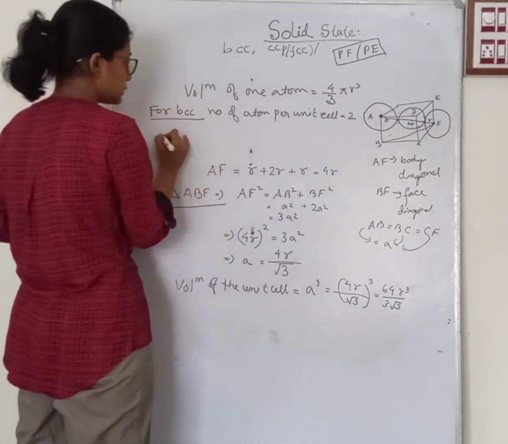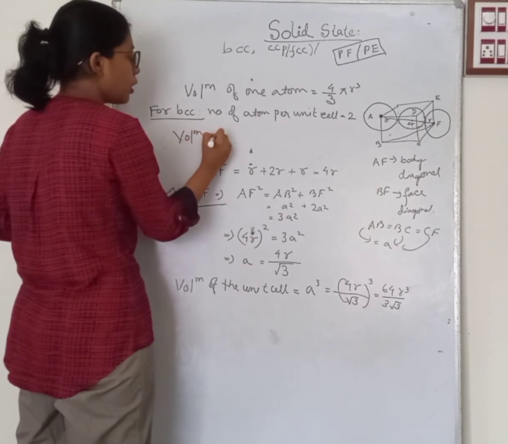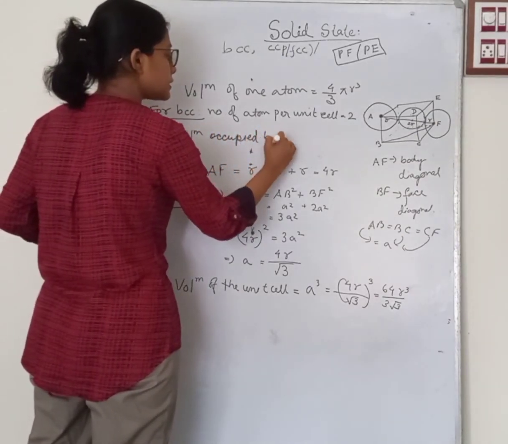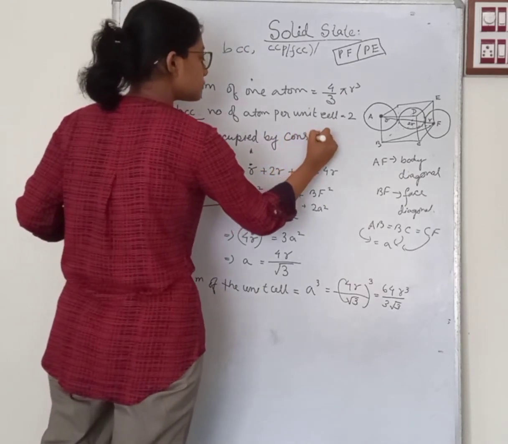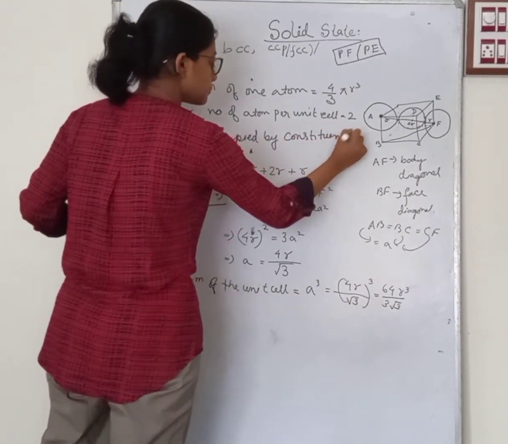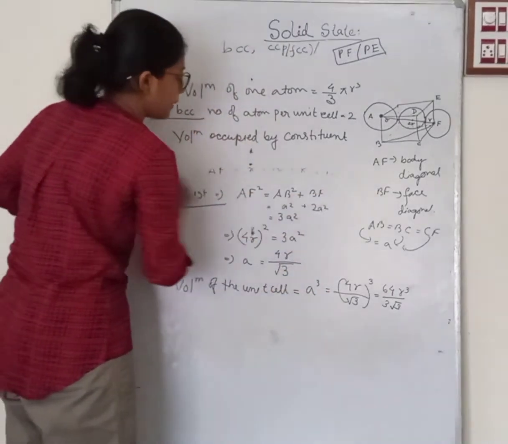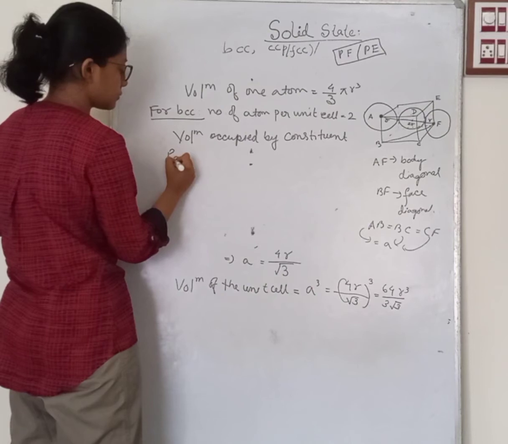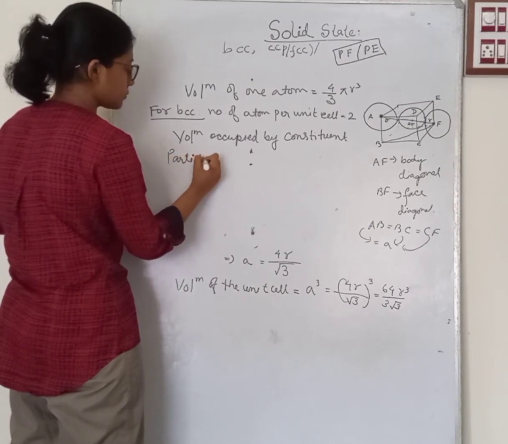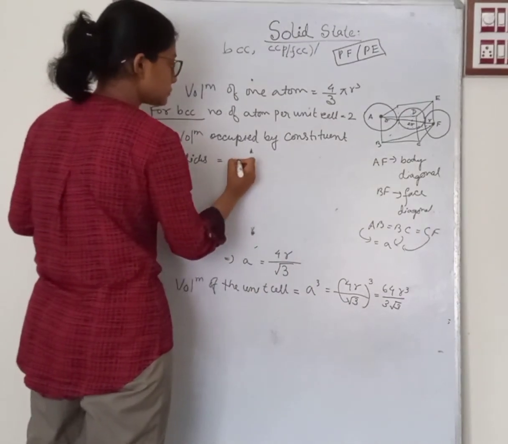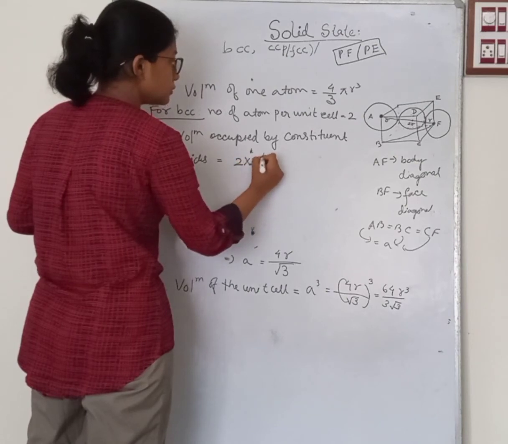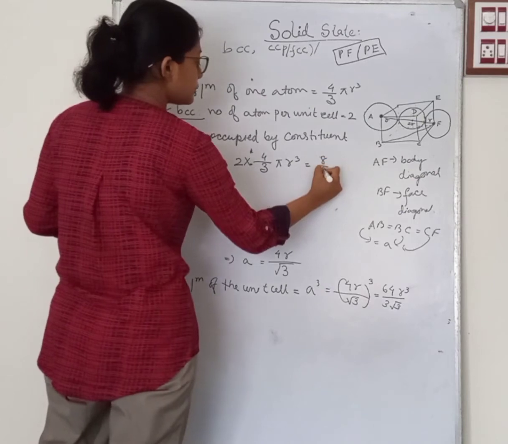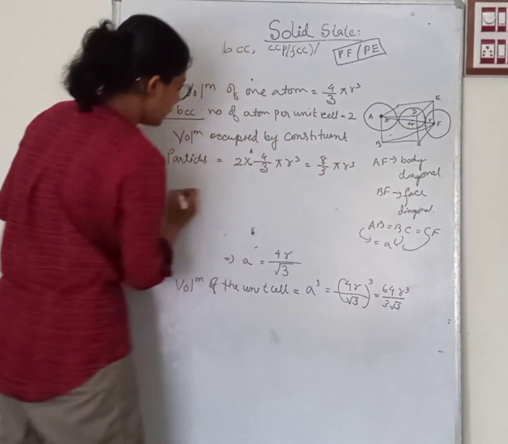So we have 2. Therefore, the volume occupied by constituent particles is equal to 2 into 4 by 3 pi r cube, which is 8 by 3 pi r cube.